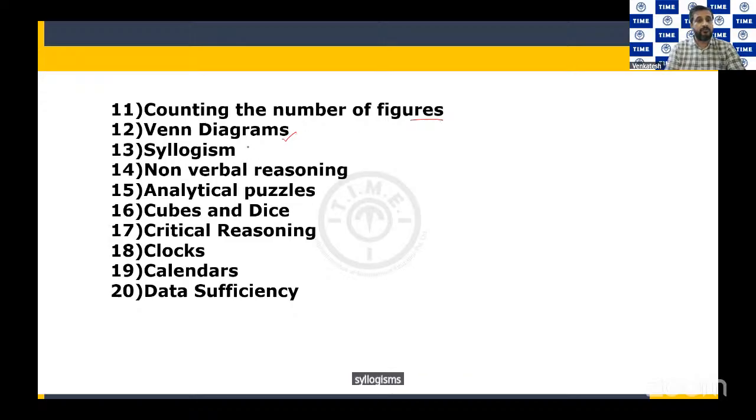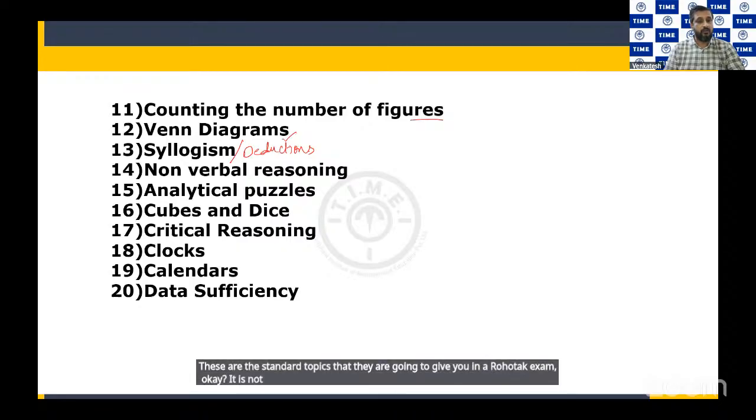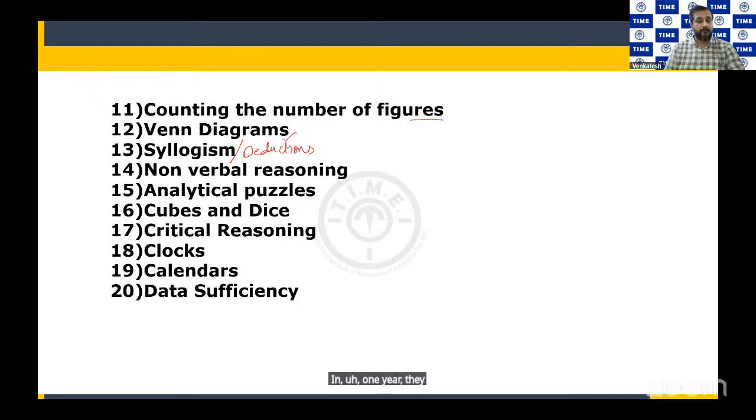Syllogisms, also known as deductions. These are the standard topics that they are going to give you in a Rohtak exam. It is not that they will take up all the topics in 1 year. They pick some topics in 1 year, and some other areas in another. So it is all cumulative of all the topics.